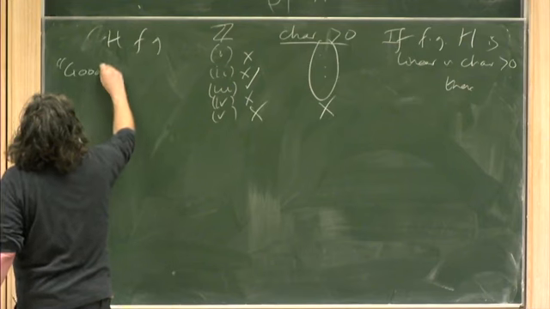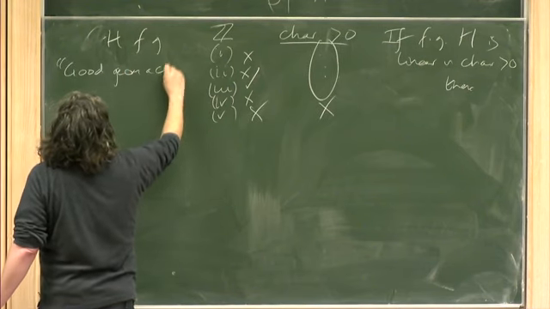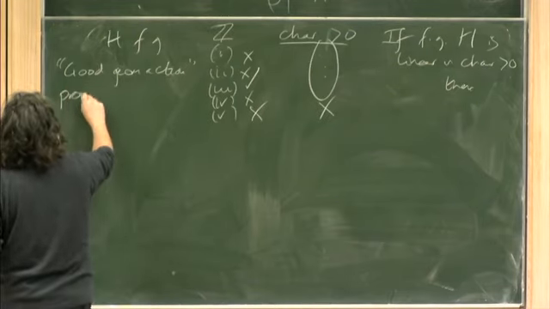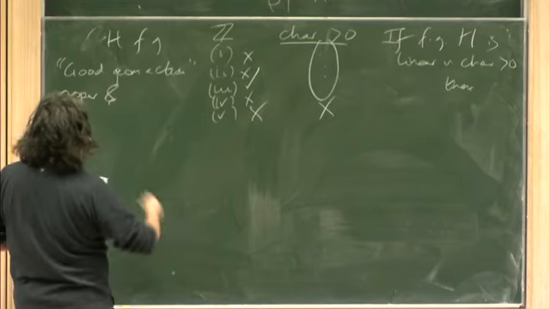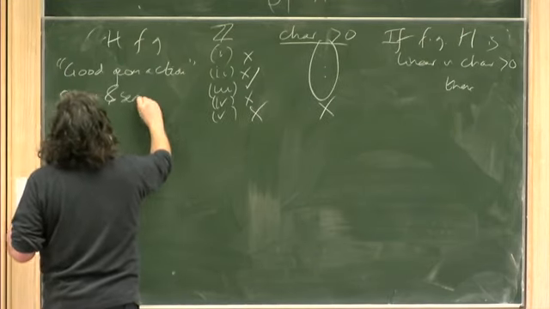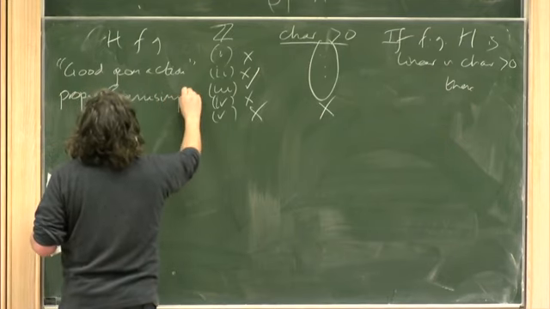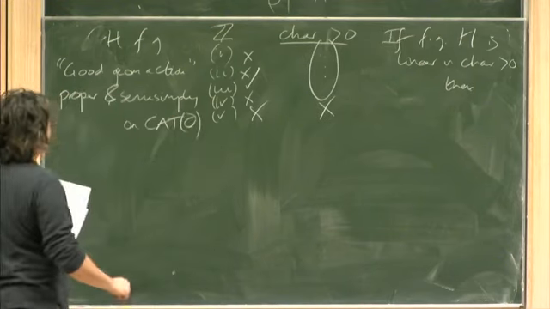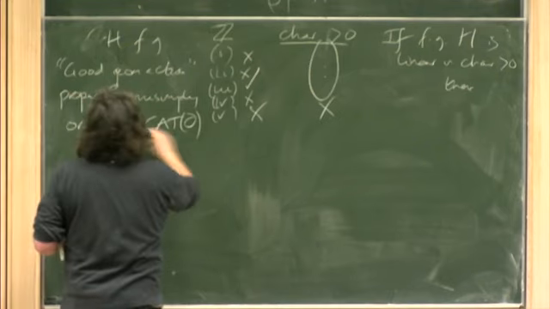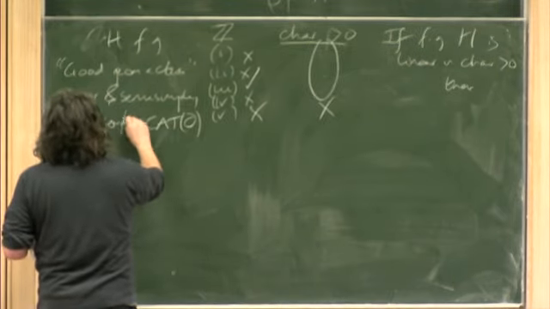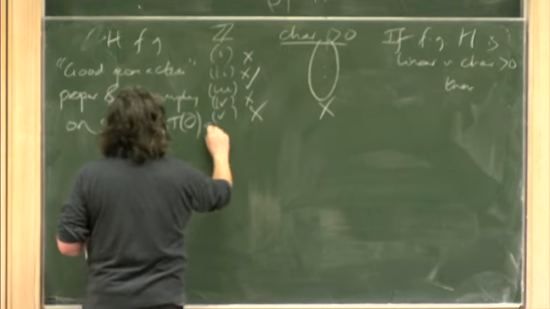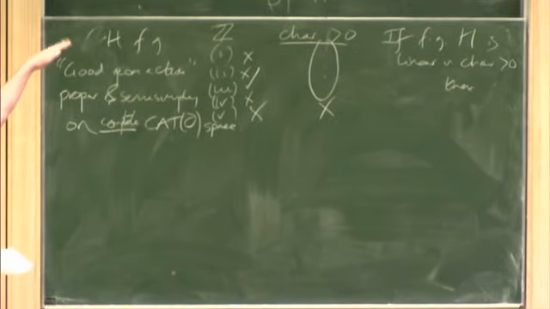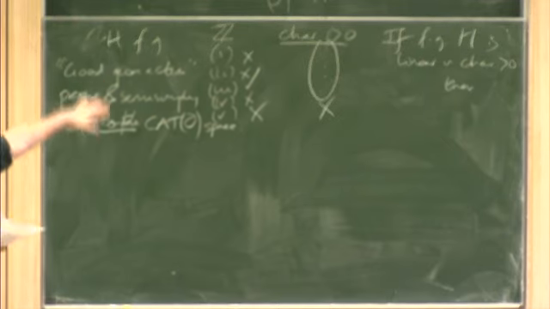Good geometric action will now be defined. It means a finitely generated group acting properly and semi-simply on a CAT(0) space, more general than a cube complex, and it's wise to put complete here, and if you do that, that allows the semi-simple property to be lifted up to finite index supergroups.